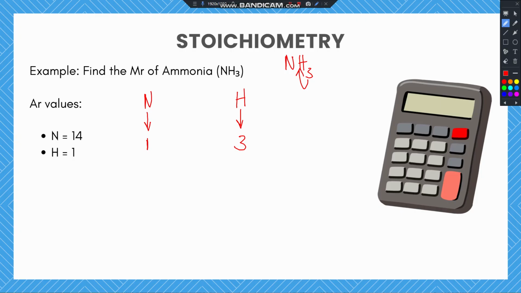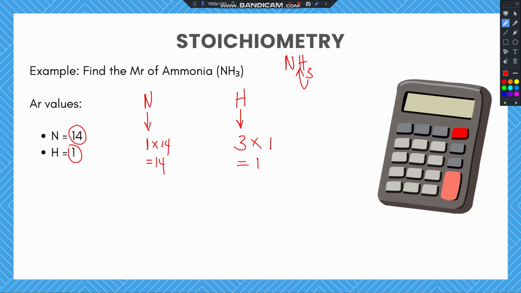Now the next thing to do would be to multiply each one by the atomic mass. N has the atomic mass of 14, so we have 1 times 14. This gives us 14, and then we have 3 times the atomic mass of hydrogen, which is 1. And then finally we add everything together.